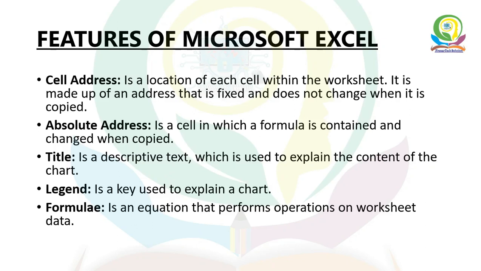It looks at the particular information and the kind of cells where it is placed and uses that to work on your new information. That is the difference between that one and the cell address. For the cell address, it is fixed, but this one changes. Take note of that. Then we also have what we call title.